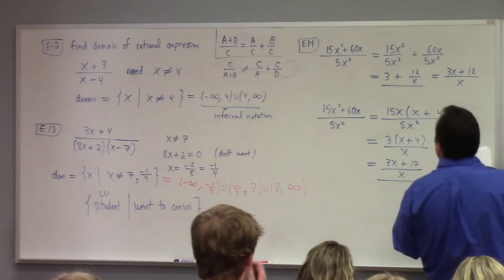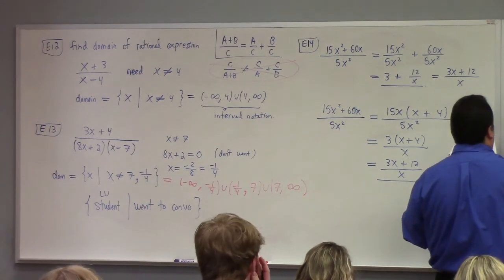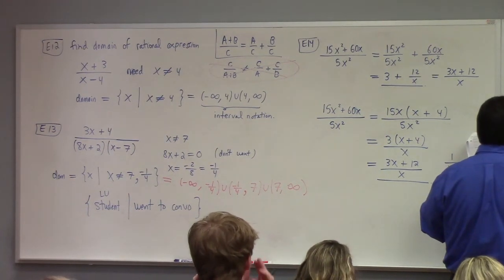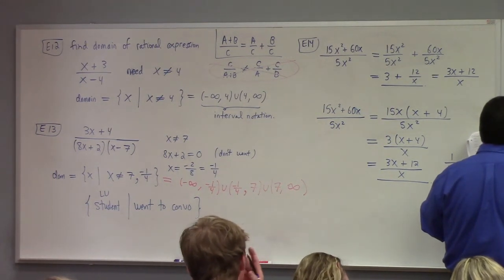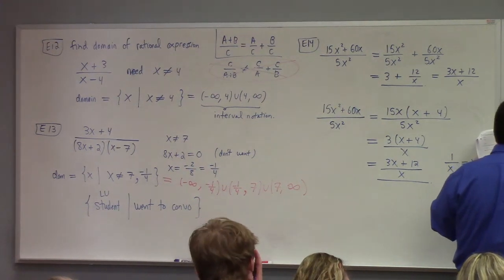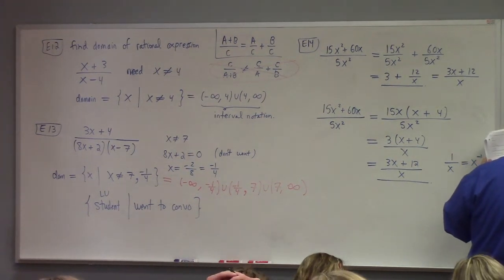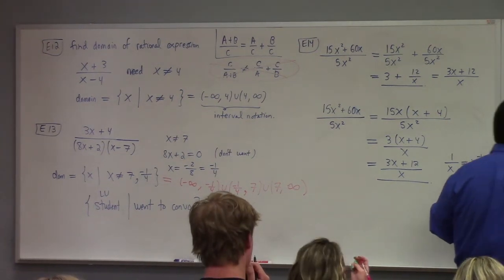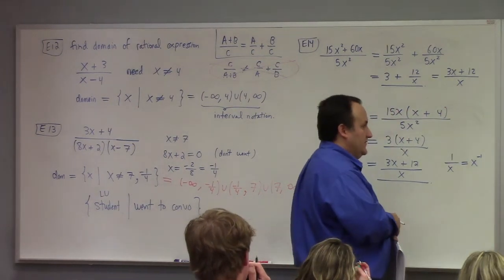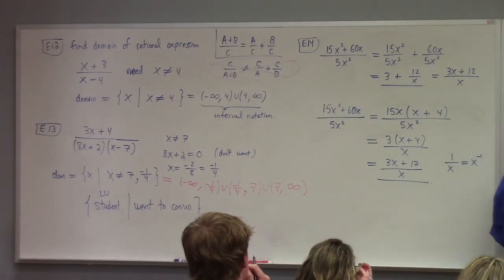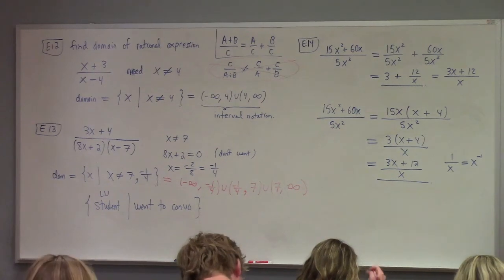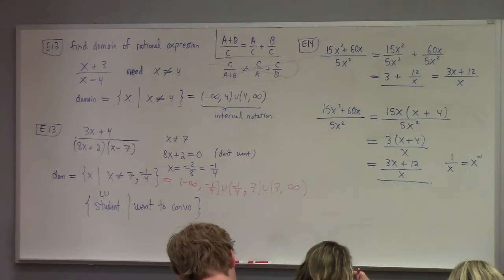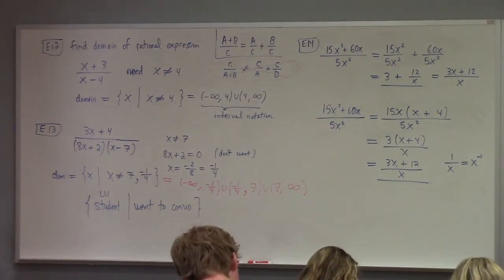Like example 15 here, I have 18y to the 8th over 2y cubed divided by 81y over 6y cubed. How do I do that? We have 18y to the 8th over 2y cubed times 6y cubed over 81y.